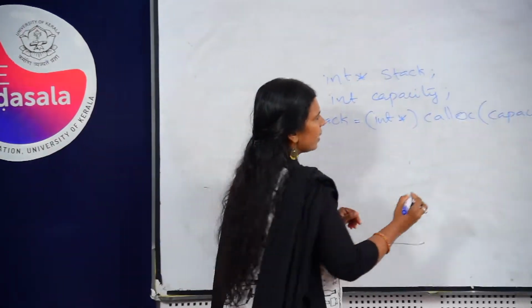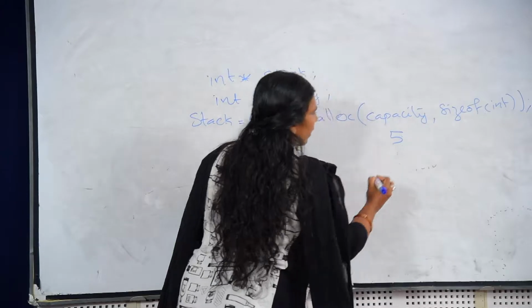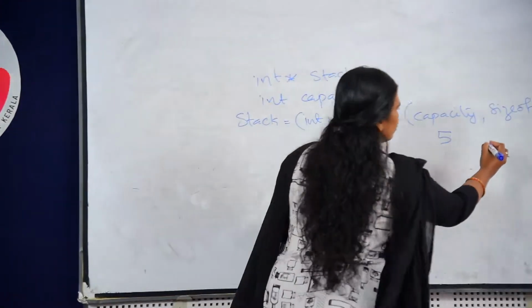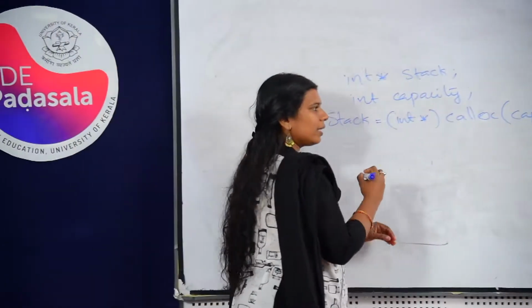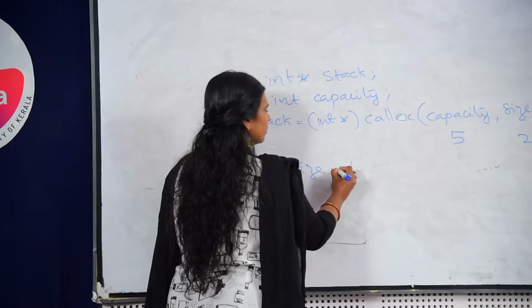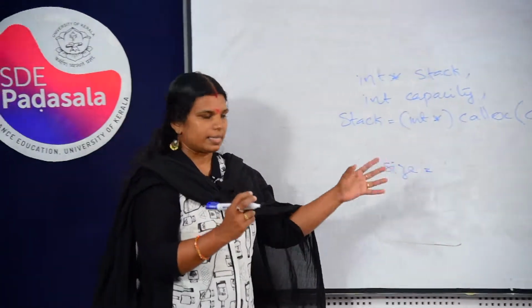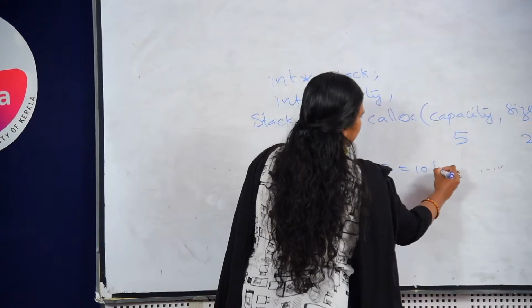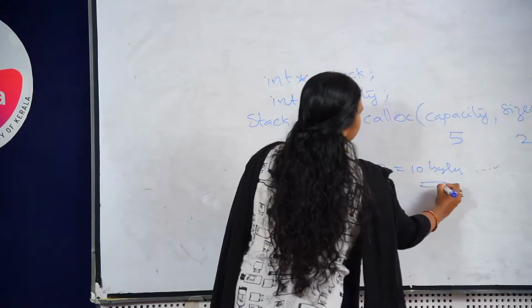That is, here the capacity is 5, that is we are going to store 5 elements and the size of int is 2. So, total storage locations or total size reserved for this stack is 10 bytes.